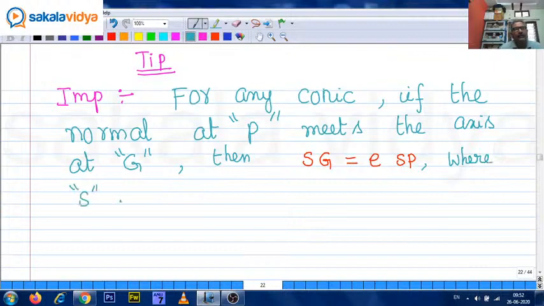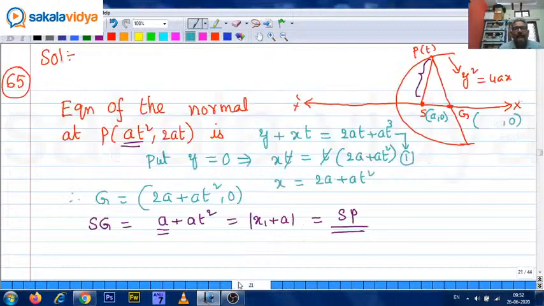This is a very important point. All of you note down. SG means S point is a comma 0, G point is 2a plus at square comma 0.